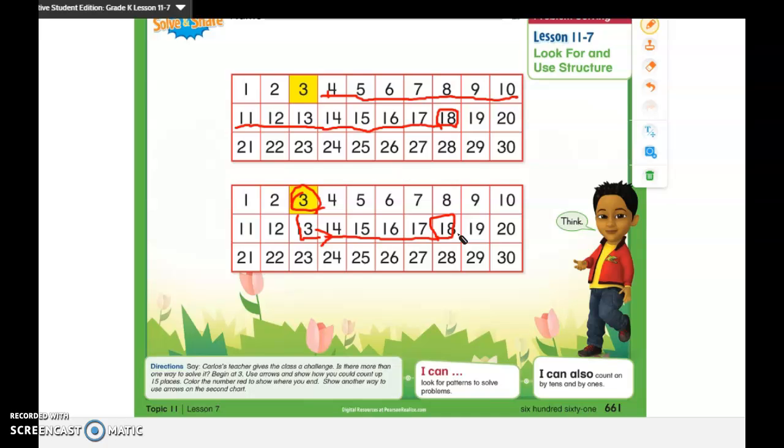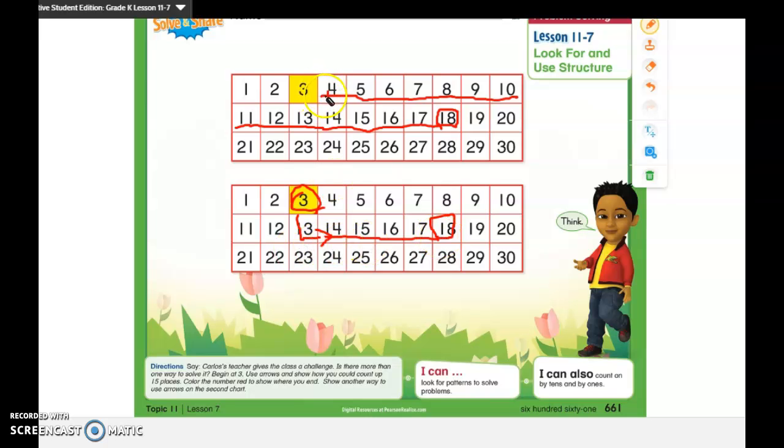Because I can say 15 is counting by ones all the way up to 15. Or think about it, ladies and gentlemen, if we were in class, I would try to have these to hold for you. Our straws for counting the days of school. Our group of 10, a bundle of 10 and 5 ones. So you could go down a bundle of 10 and 5 ones, 10, 11, 12, 13, 14, 15, and go that way.